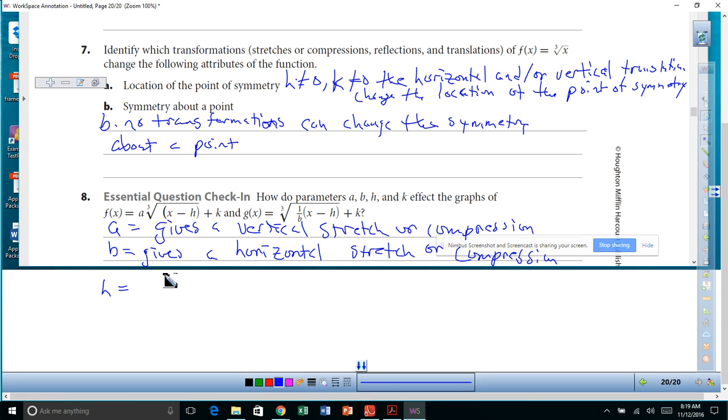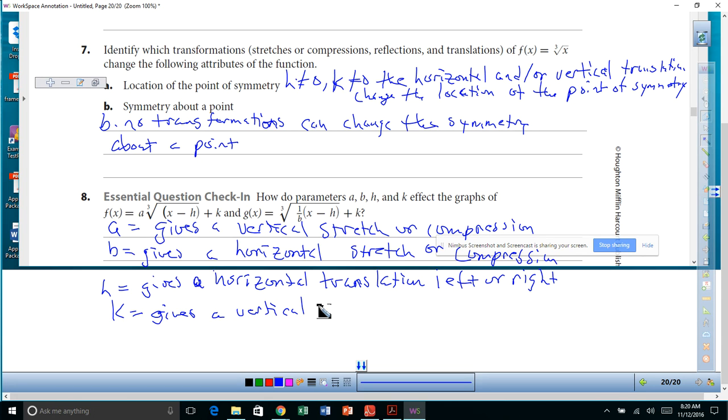H gives a horizontal translation left or right, and K gives a vertical translation up or down.